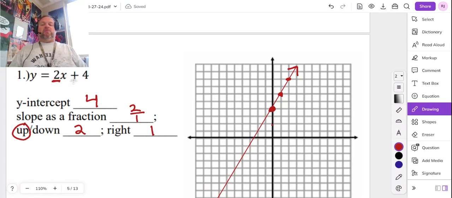Does anybody have an idea why, when we graph, we start going this way? We read the information this way? Think about where a lot of our math was created. Anybody know which country?